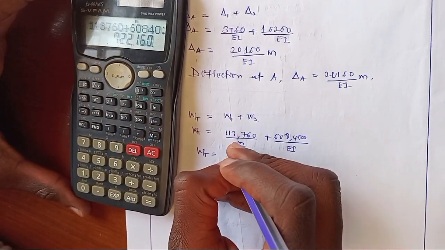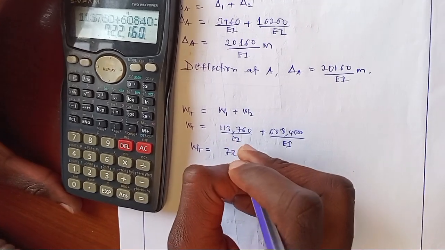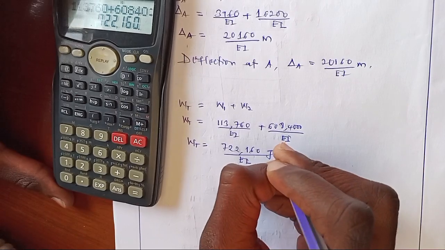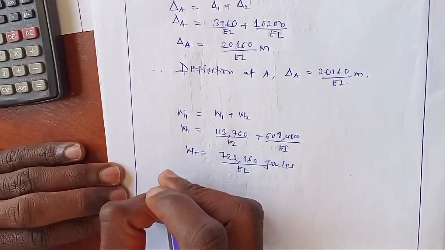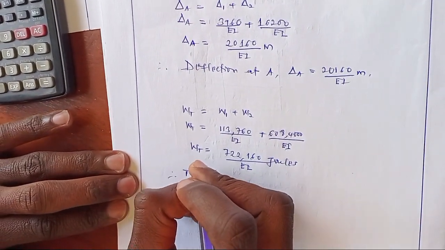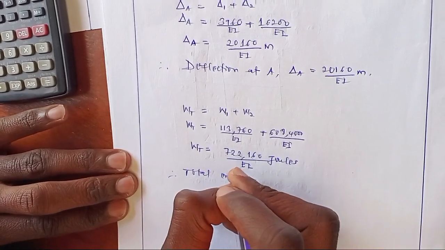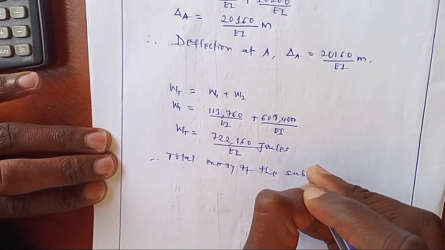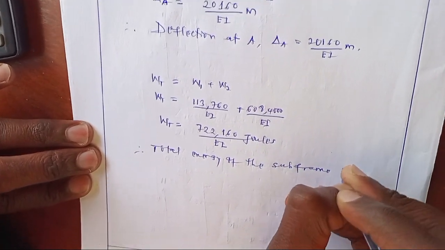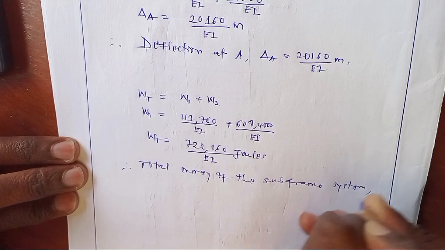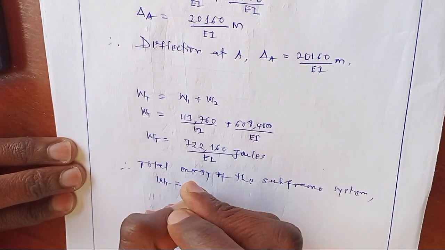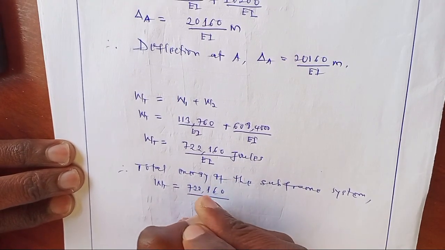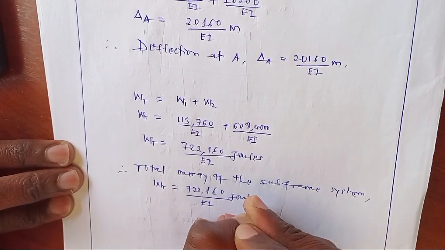Our product is 722,160 over EI joules. Therefore, the total energy of the subframe system is 722,160 over EI joules.